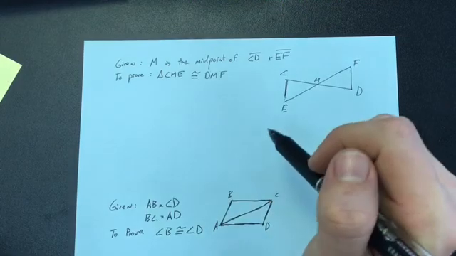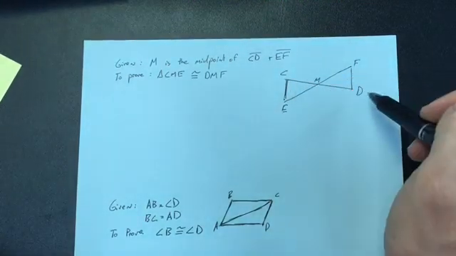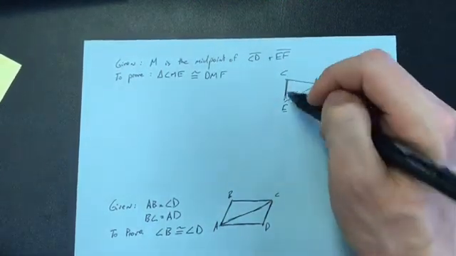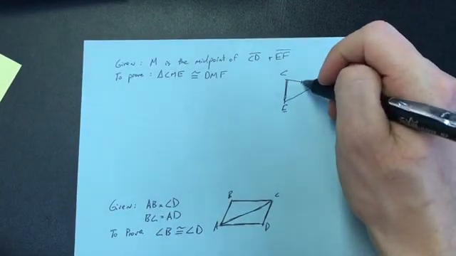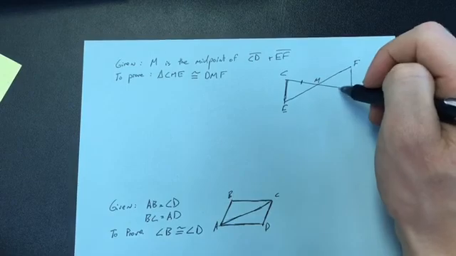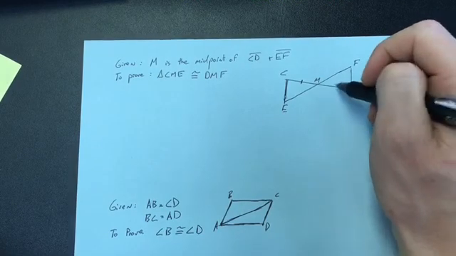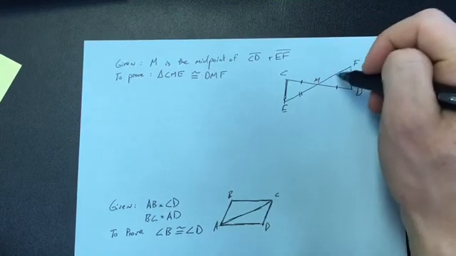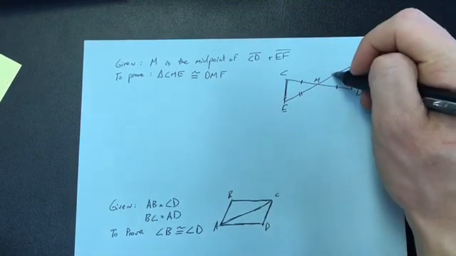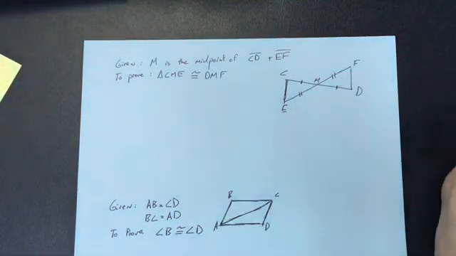We have M as a midpoint of line CD and EF. So just from a minute ago, we can know that segment CM is going to be congruent and of equal length to segment MD. And we know EM is going to be of equal length and congruent to MF.